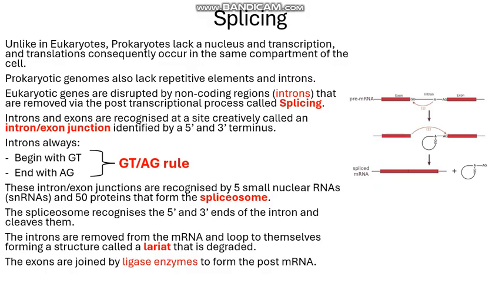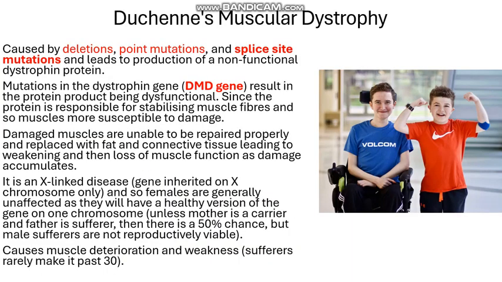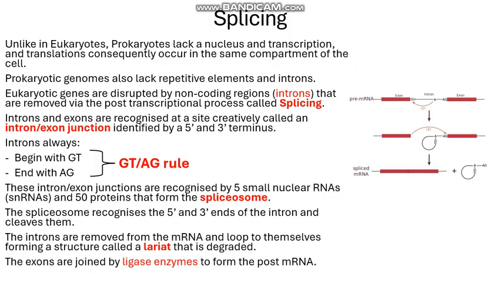We talked about how this is controlled by the intron-exon junction, and how one of the mutations that can be responsible for muscular dystrophy is a mutation at this splice site, the TTAG region on either side of the intron, which results in that intron not being spliced in this step and resulting in production of a dysfunctional protein.